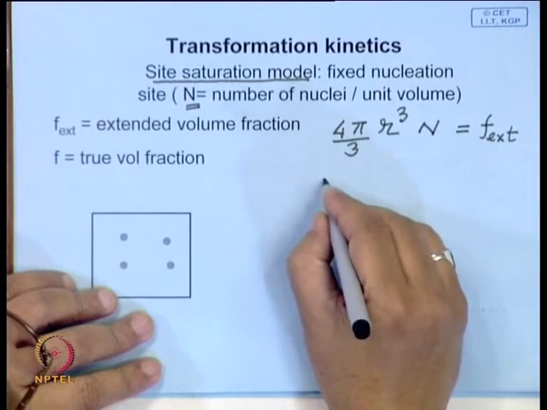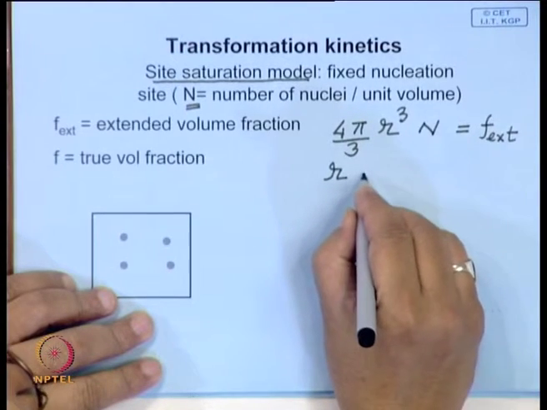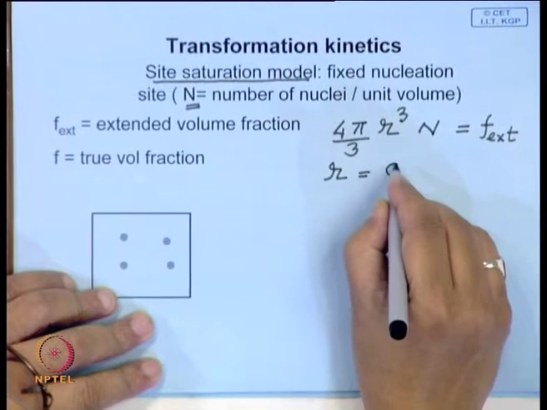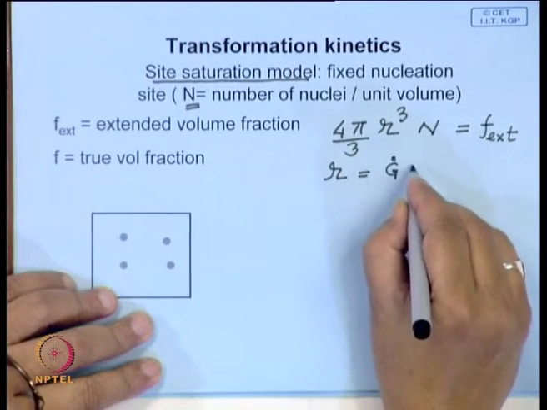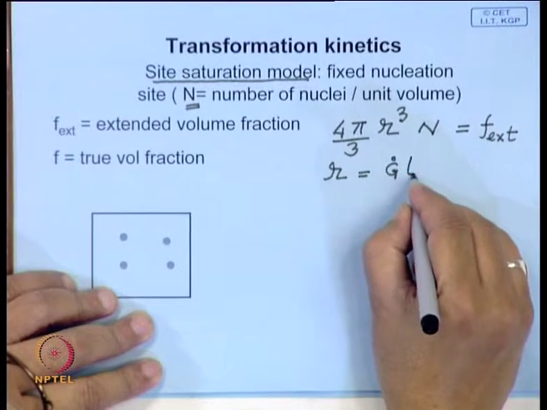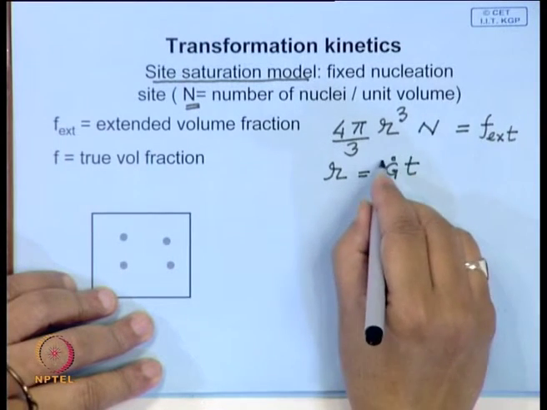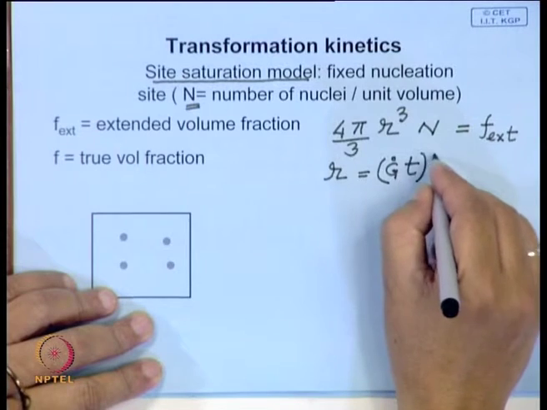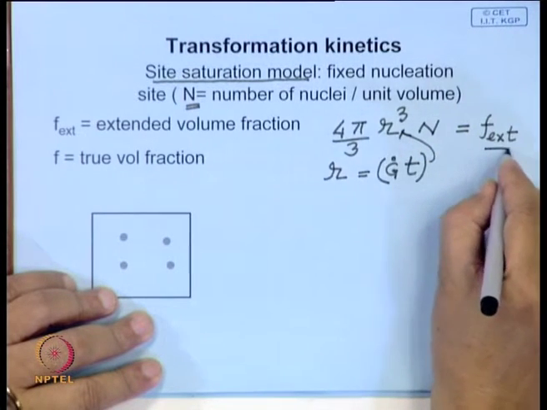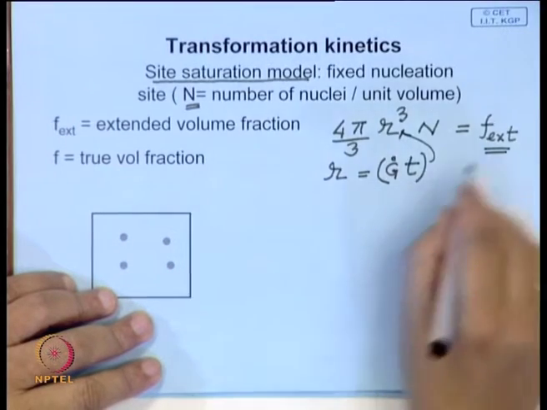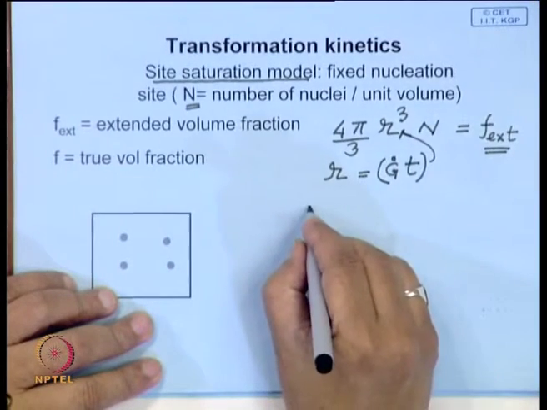And if we assume that the growth rate is constant, that means R increases linearly with time. Suppose G dot is the growth rate, so R equals G dot times time. If you substitute this here, you get an expression for the extended volume fraction.